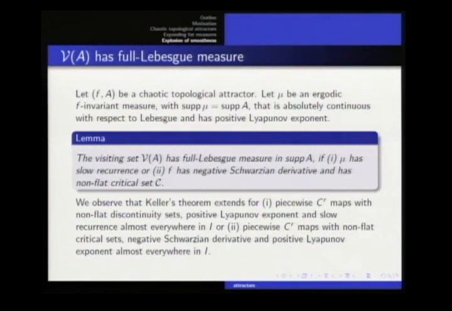So if you have a measure that is absolutely continuous, then this set, the one that doesn't synchronize, has full Lebesgue measure. And with this result, we can use Keller's theorem or the extension of Keller's theorem for these maps with discontinuities and prove the result that I showed as a motivation for the talk. And that's it.